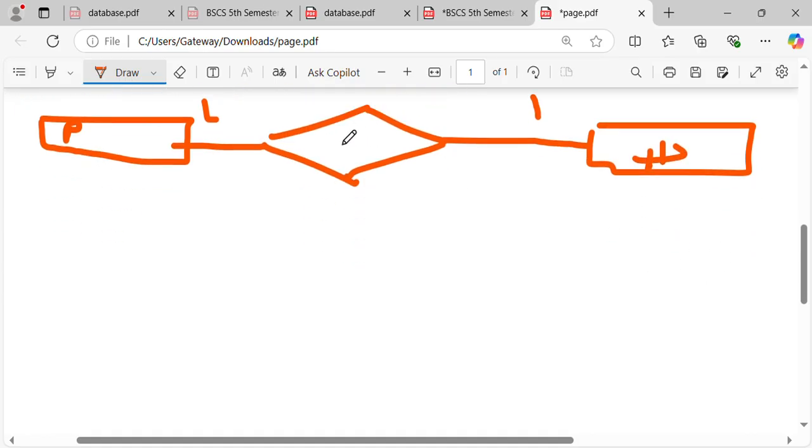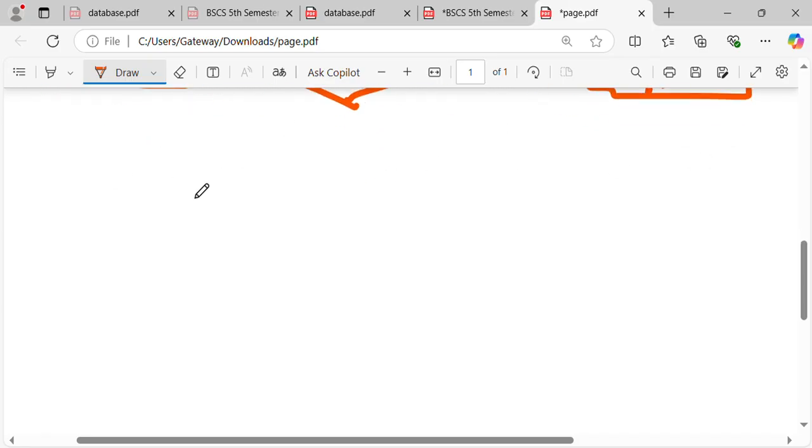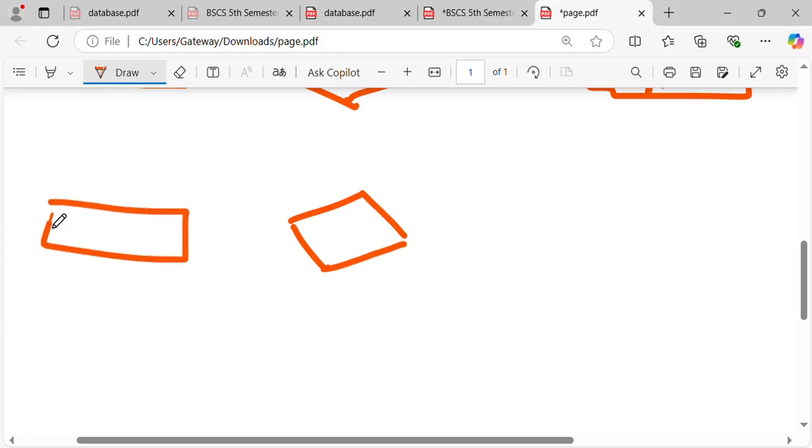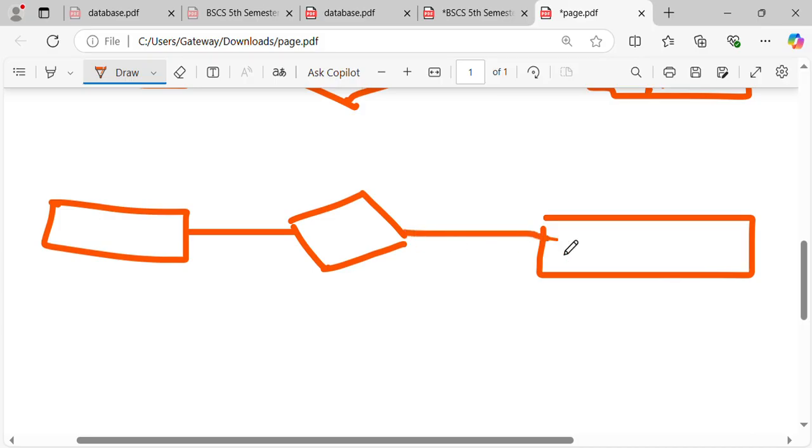So this is a relationship we can say has, right? We can have a one-to-many relationship. We have two entities and they can have a one-to-many relationship, and maybe a customer can order many things, right?